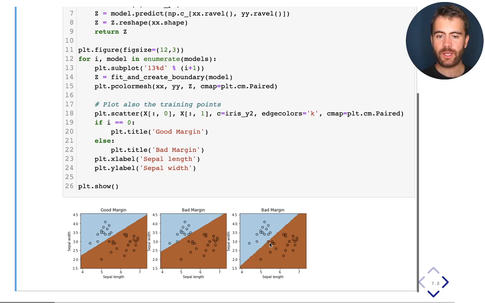Or perhaps imagine that we have some slight errors in our measurements, and for this brown point, the measurement was taken incorrectly, and it is actually a little bit farther towards the upper left corner. Then again, this point would be misclassified by this decision boundary.